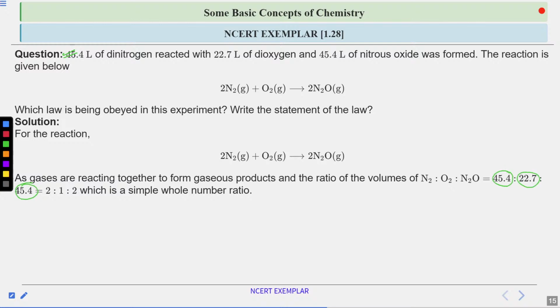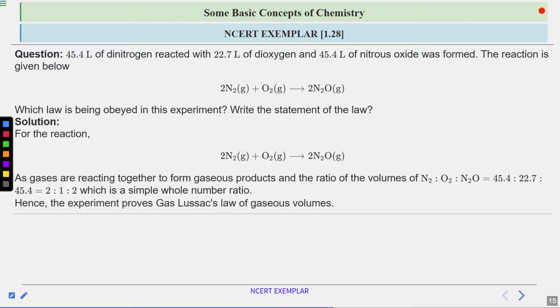So this is a simple whole number ratio. Now, what is the law that decides this ratio? It is Gay-Lussac's law of gaseous volume. Is it correct? If you have any issue, you can ask.